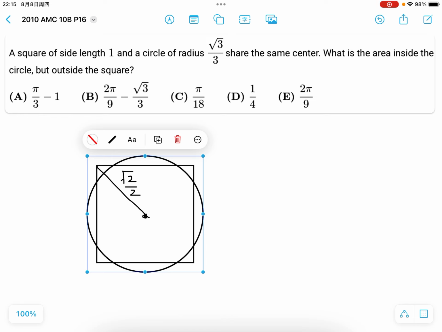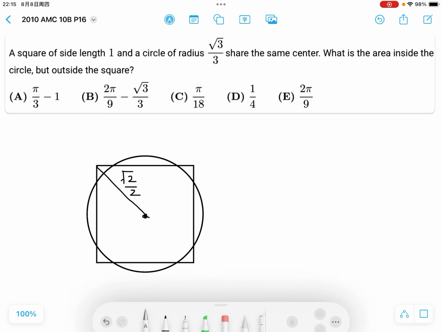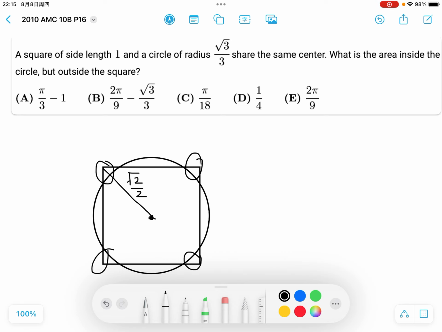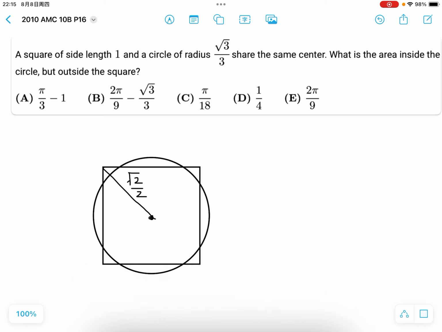So, because this graph is symmetric, for the four corners, these parts of the square are outside of the circle. Our graph is something like this.